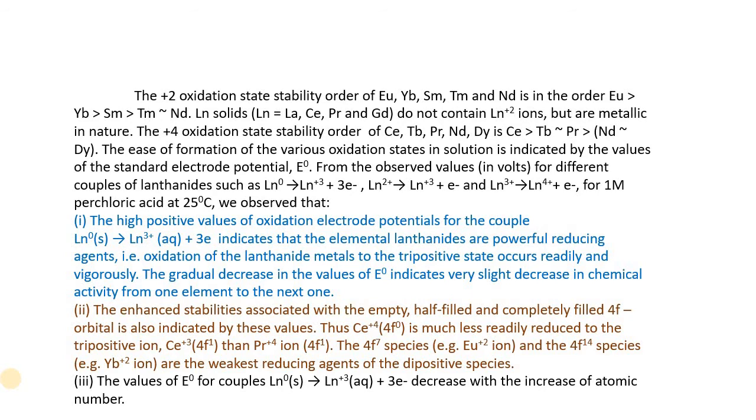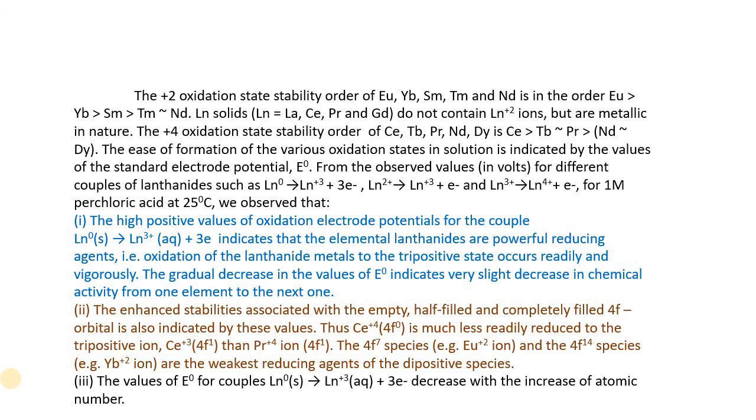Thus, cerium +4 that contains 4f0 is much less readily reduced to the tri-positive ion. It means it is difficult to reduce cerium +4 to +3 because it has a highly stable configuration after the loss of 4 electrons, that is 4f0. Cerium +3 is 4f1.